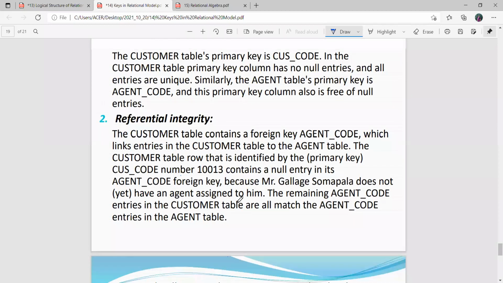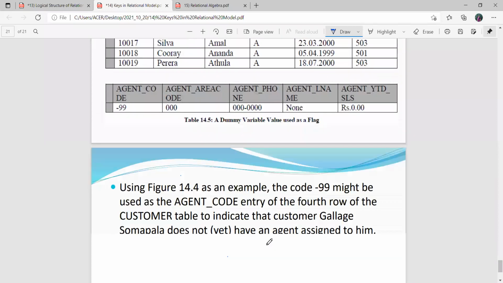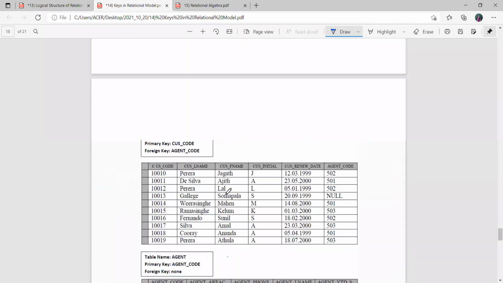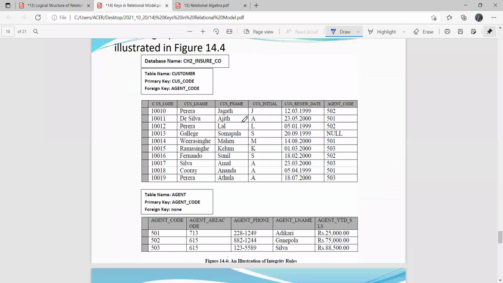Okay, then you can see this one. This is the summarization of two tables, a database, the insurance company database. There are two tables, customer and agent. The primary key of the customer table is cus code, and the primary key of the agent table is agent code.